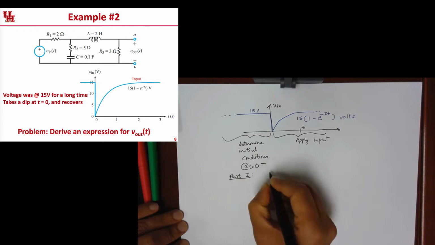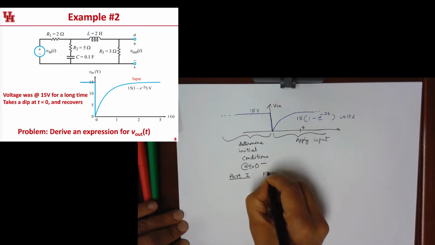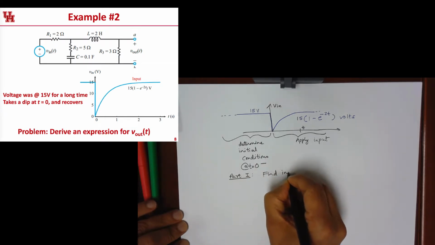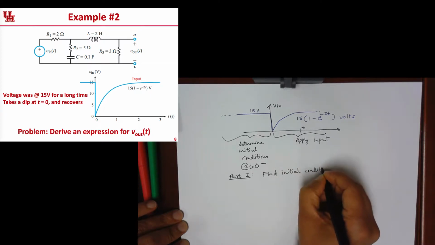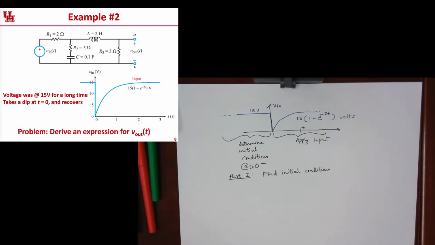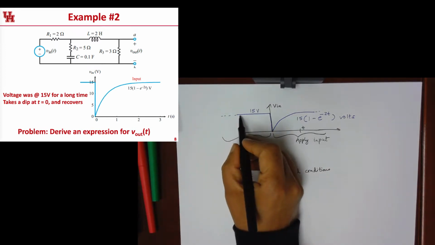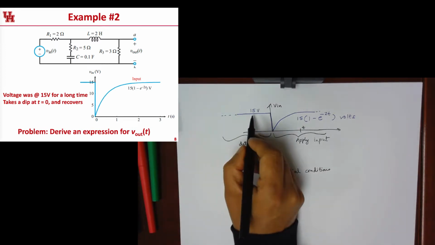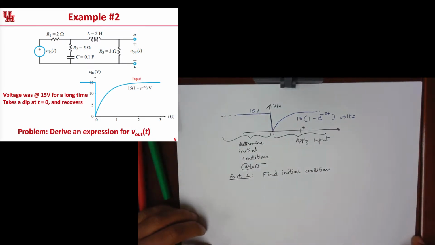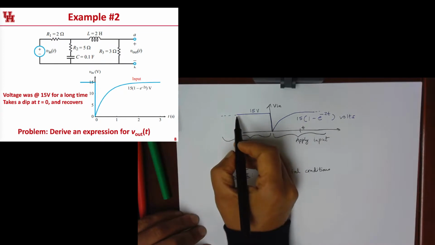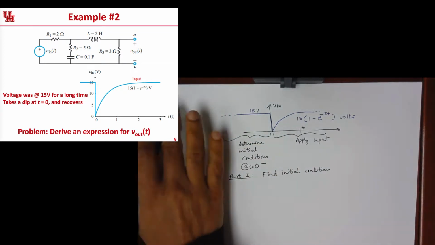The first part is to find the initial conditions. If you think about it, we've got a steady input for an infinite duration of time, and a steady input like that means that all transients would have completely died out.